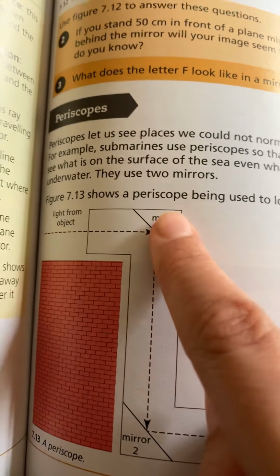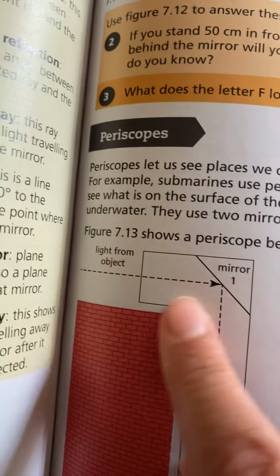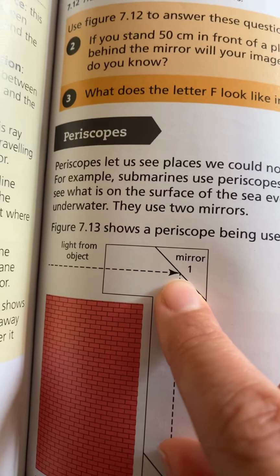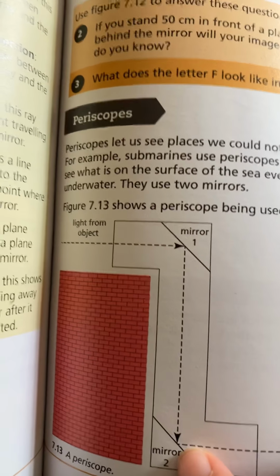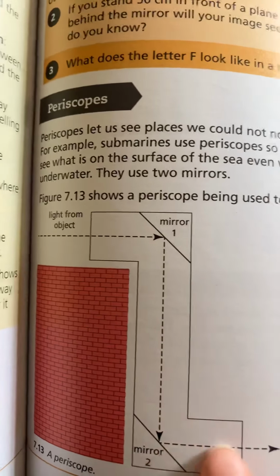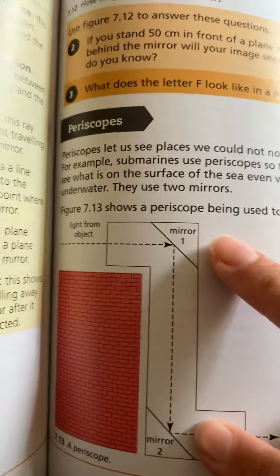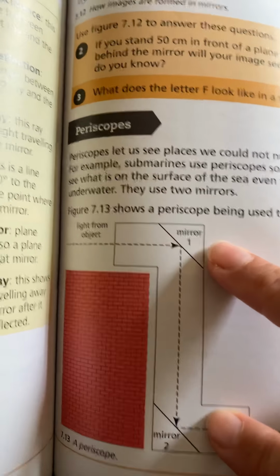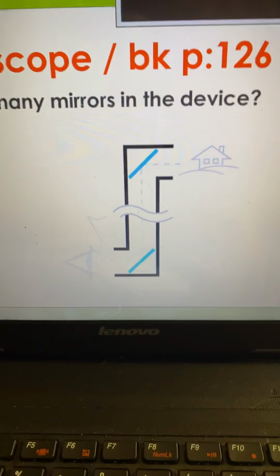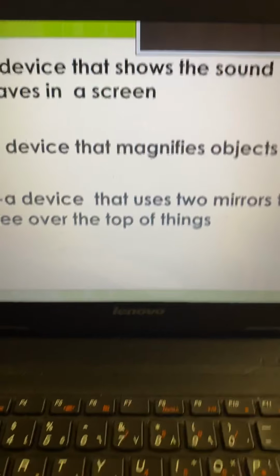It uses two mirrors, and when the light from the object hits the first mirror, it will reflect on the second mirror, and then it will reflect again so you can see it. So how many times the light is reflected in a periscope? 2 times. Okay, type. So this is it. This is how we can see by using a periscope.